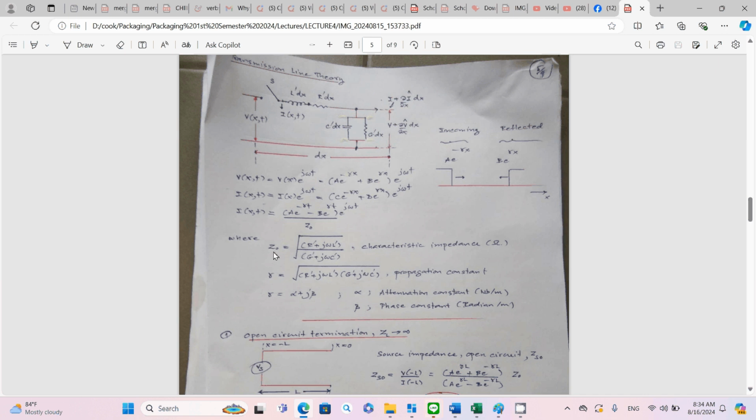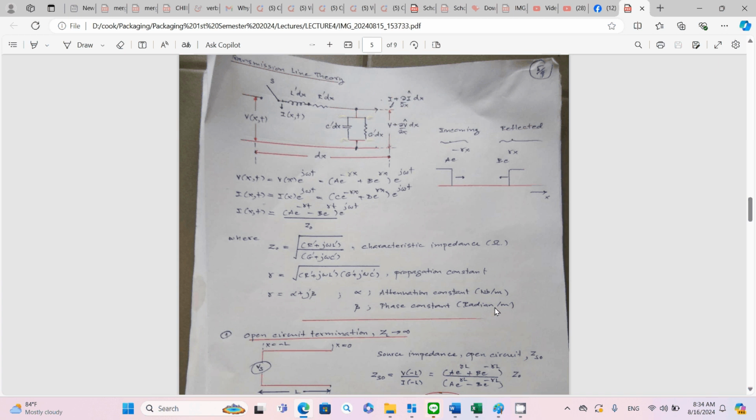Now I also remind you that your characteristic impedance, in units of ohms, Z0, is related to the distributed parameters R prime, L prime, G prime, C prime in this form, as well as your propagation constant. Your gamma simply becomes the real part plus the imaginary part. The real part, alpha, is the attenuation constant in units of nepers per meter. And beta is the phase constant in units of radians per meter.